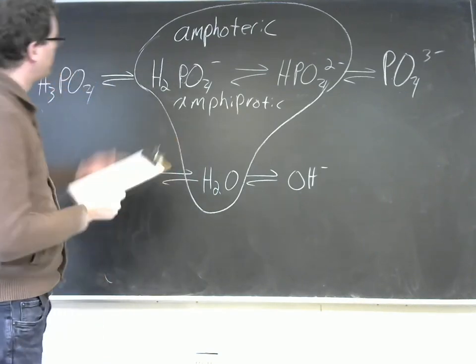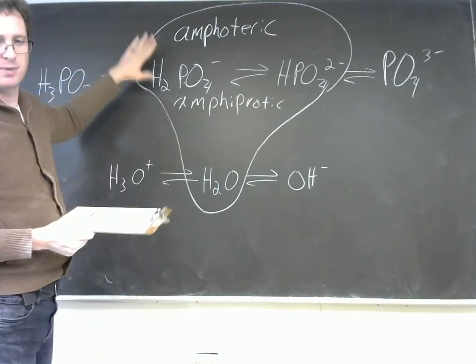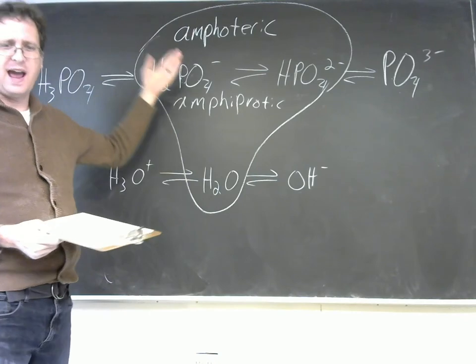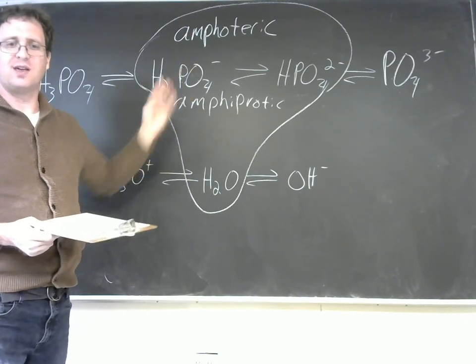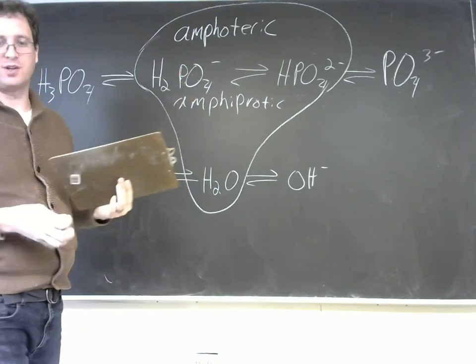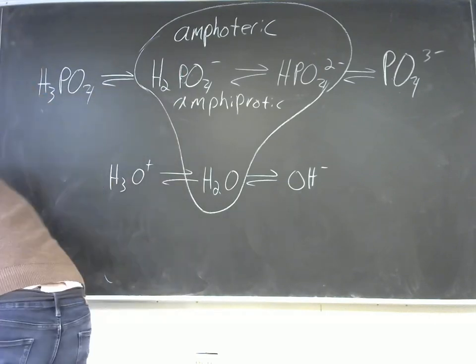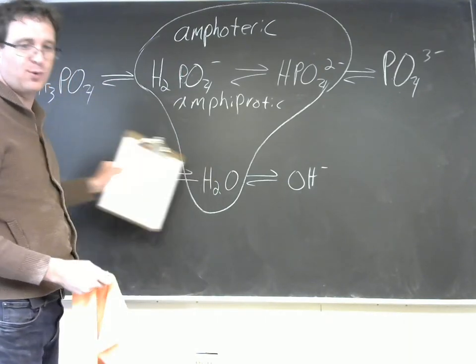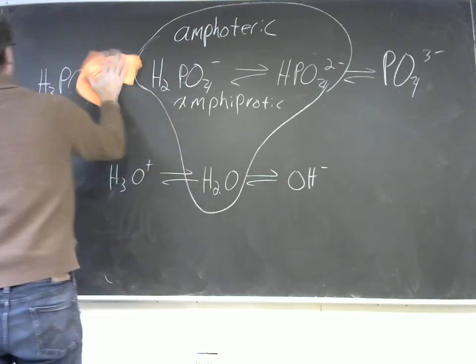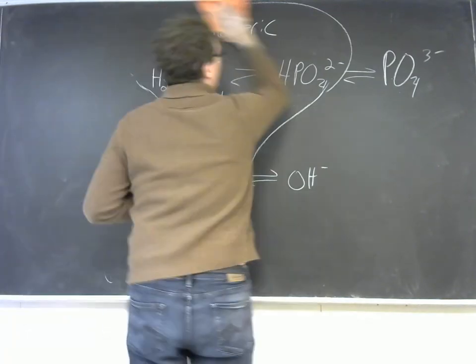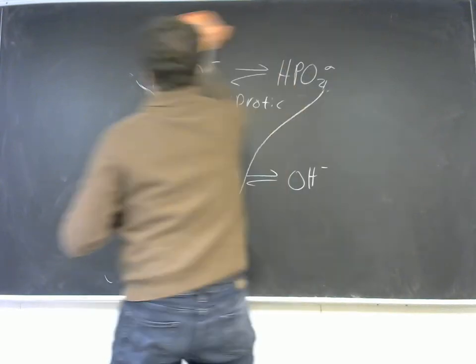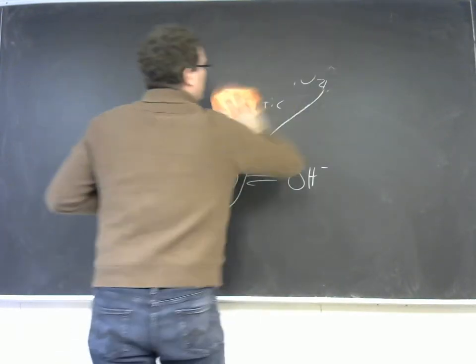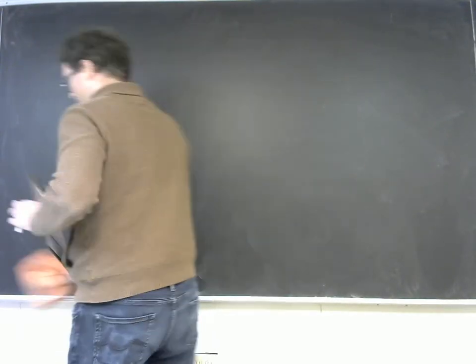Now, remember, this was a middle acid but a strong base. The acid strength and the base strength were different from each other. Well, water is unique because it is equally strong as an acid or a base. We can show the reaction where water reacts with itself.